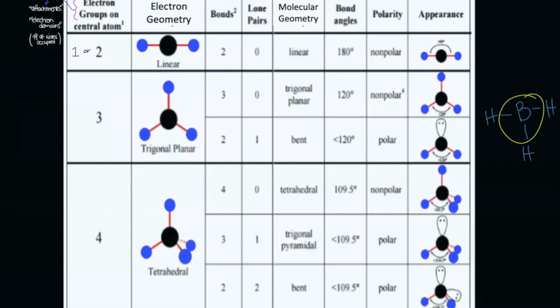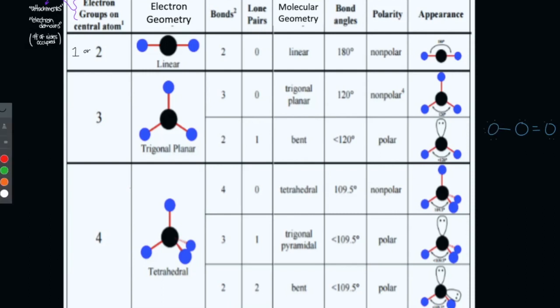So in what case might you not see one of those attachments? Well, let's take a look at O3. You have oxygen in the middle, oxygen on the side. This is ozone. Now on this one, in my central atom, how many attachments? 3 attachments. I've got a single bond, a double bond, and my lone pair.